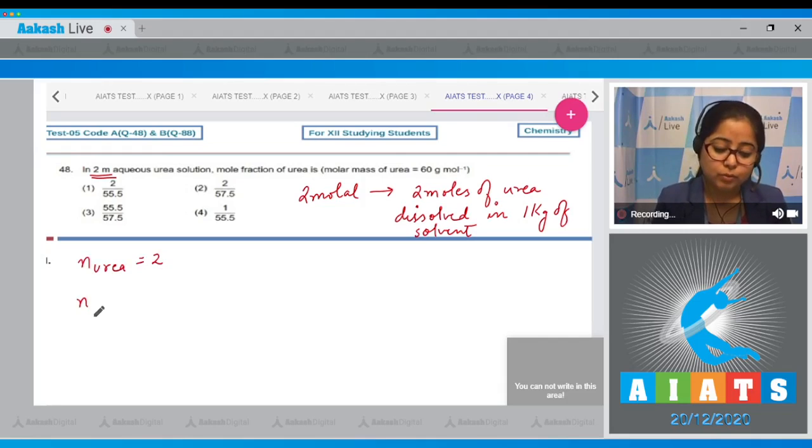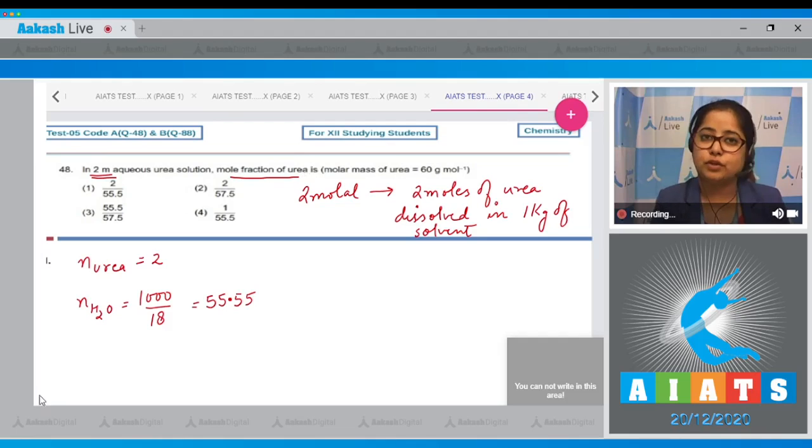Also we can calculate moles of water, which is equals to mass divided by molar mass, and the mass given is 1000 gram and the molar mass is 18, which is equals to 55.55. Here we have to calculate the mole fraction of urea.